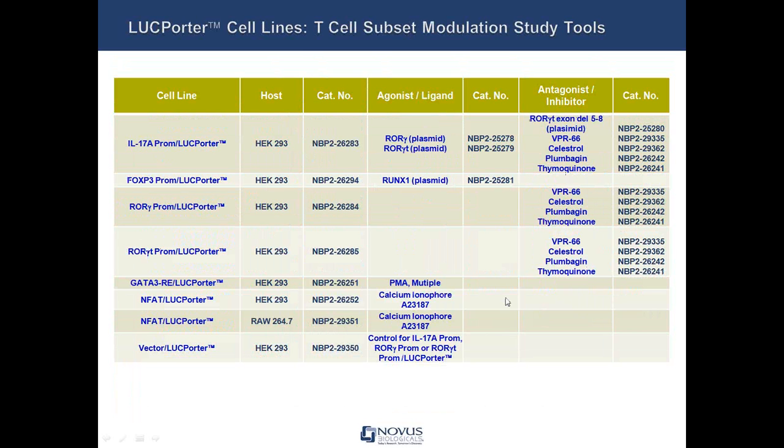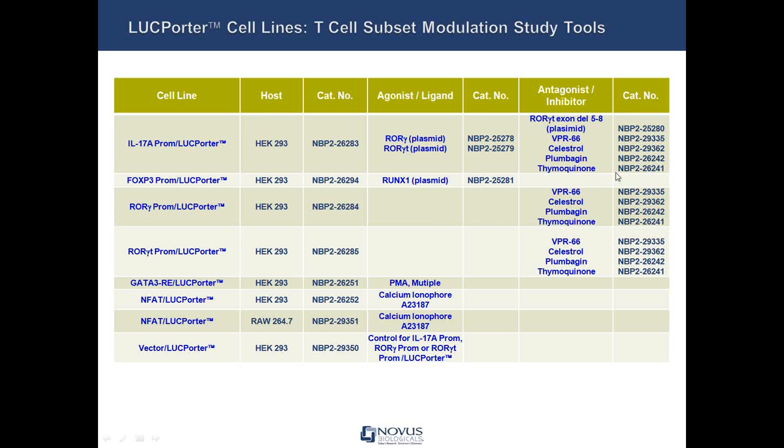We have LUCPorter cell lines related to T-cell subset modulation study, including IL-17A, FOXP3, ROR gamma t, GATA3, and NFAT. We also have some agonists and antagonists related to those LUCPorter cell lines, including ROR gamma t plasmid for IL-17A promoter induction, and RUNX1 for FOXP3 promoter induction.